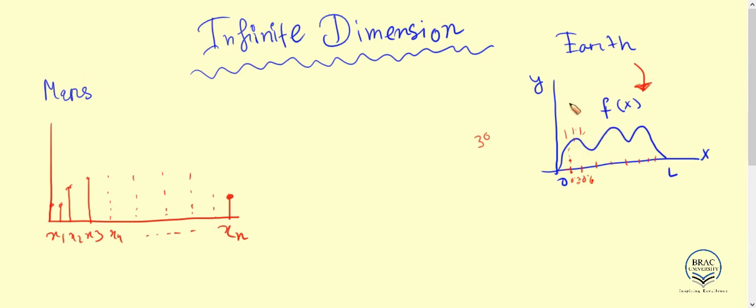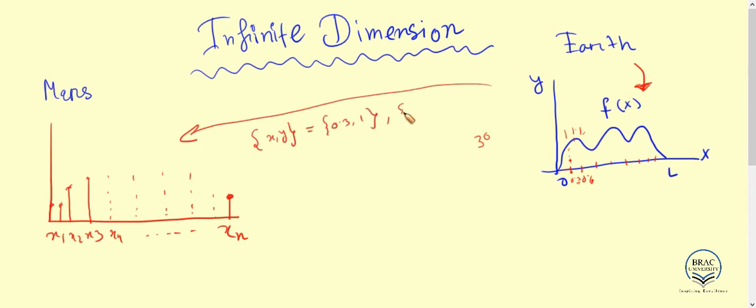And the rule of this game will be not to let your friend back on Mars know about the function itself. So now you are just discretizing the interval and taking some values and sending them back over here. So these are some array of values. Let's say if you construct it as x, y, the first one is 0.3, 1, the second one would be 0.6, 1.1, and so on.